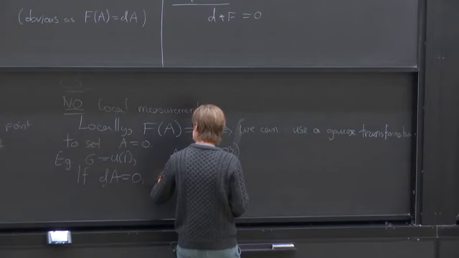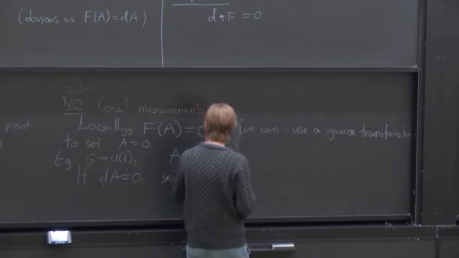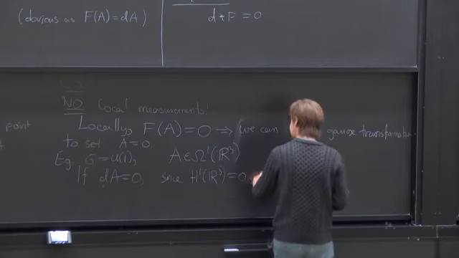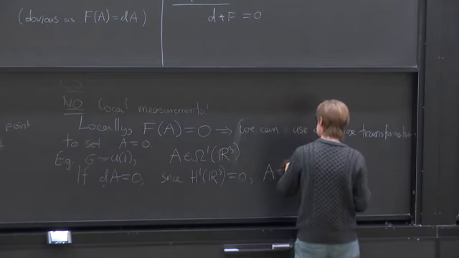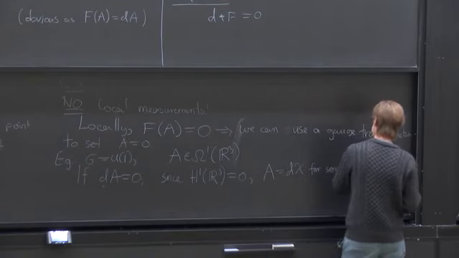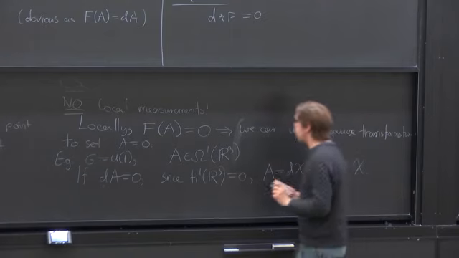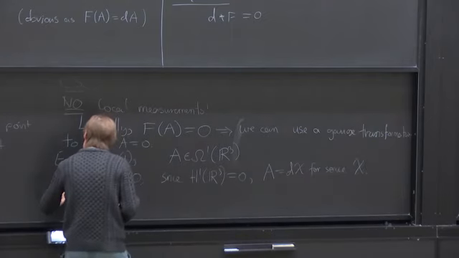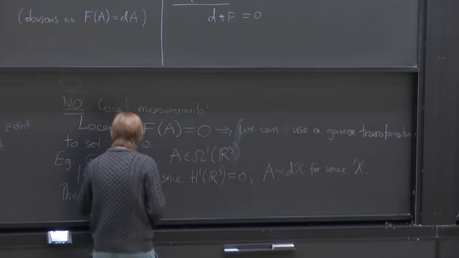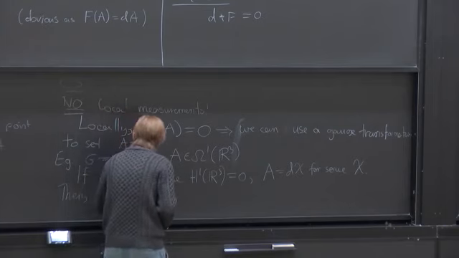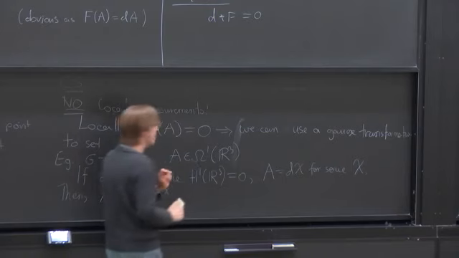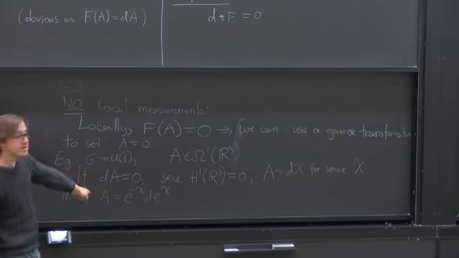Since the first cohomology group of R3 is equal to 0, A must be d chi for some chi. And then that means that A is equal to e to the minus chi d e to the chi, so that this gauge transformation trivializes A.